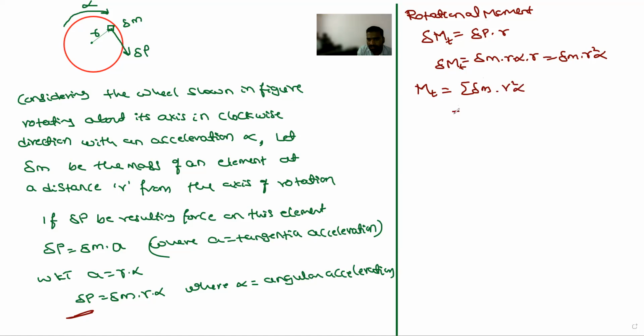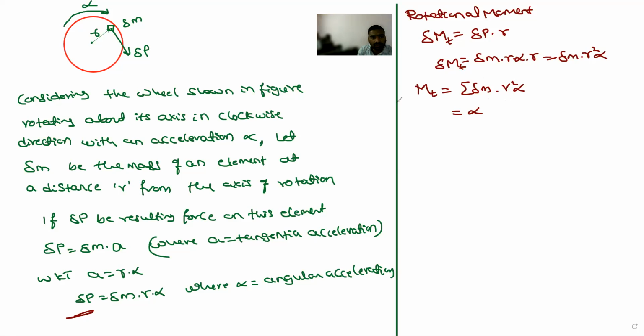What is constant here? R square and alpha are constant. I will take alpha outside. Then what is the summation of delta M? The algebraic sum of all the elemental masses is equal to the total mass.